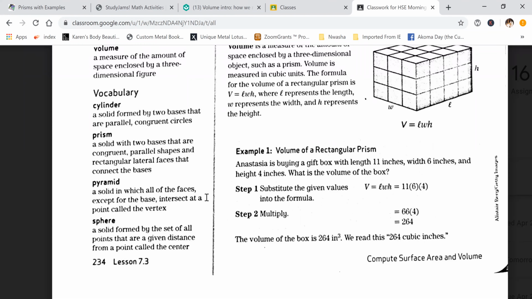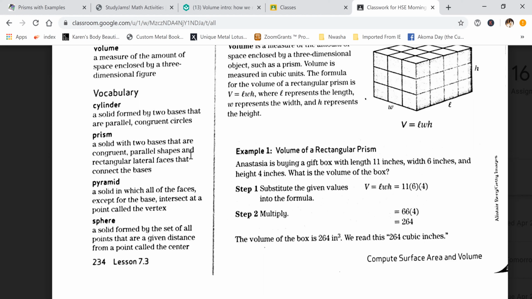And then a prism is what we were talking about, like a box, a triangular prism or a rectangular prism. So this is a solid with two bases that are congruent. What I think of when I think of prisms, which we're going to look at on Math is Fun, is when you go to the deli and you buy cheese or something, they pull out the cylinder style, but every slice that they make is a circle.